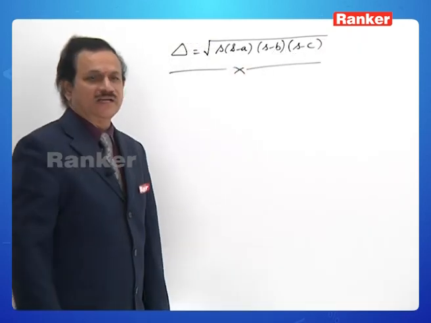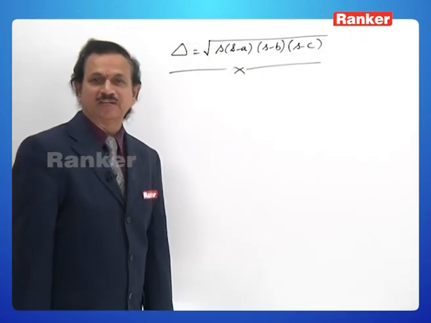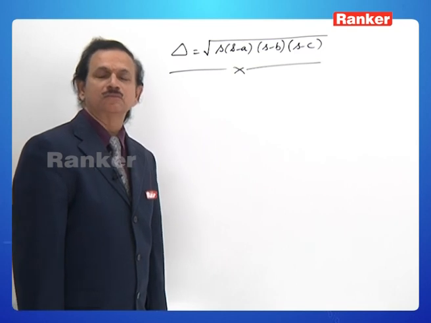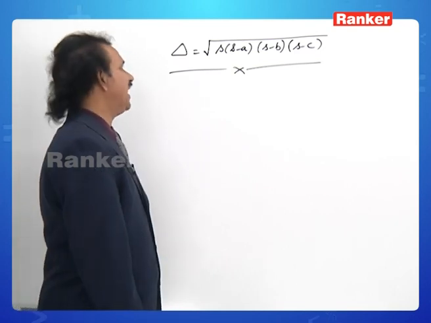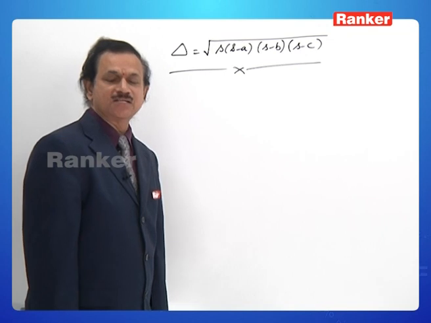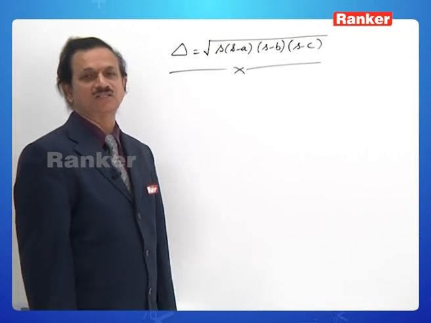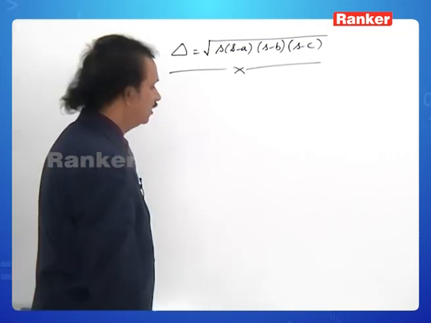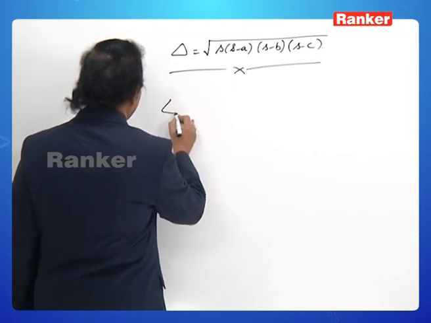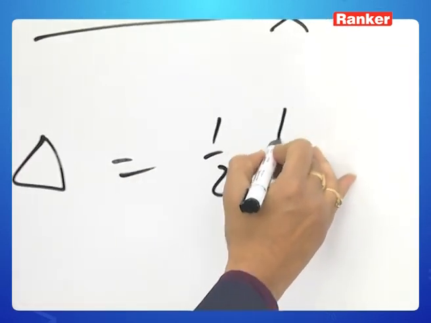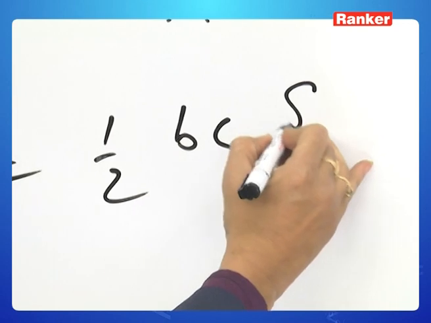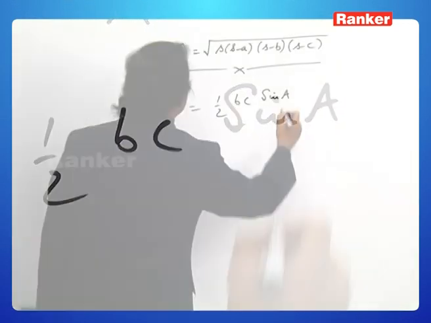Yes, according to our plan, we would like to know the proof or the reason behind the saying delta is equal to root of S into (S minus A) into (S minus B) into (S minus C). Actually, what is delta? Area of a triangle. Using the famous formula half bc sin A, what is delta?